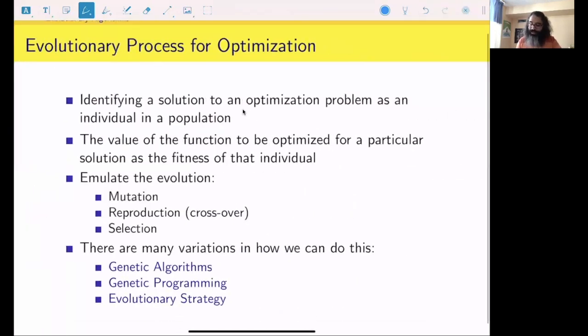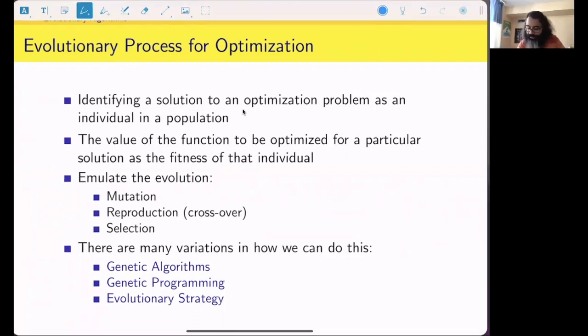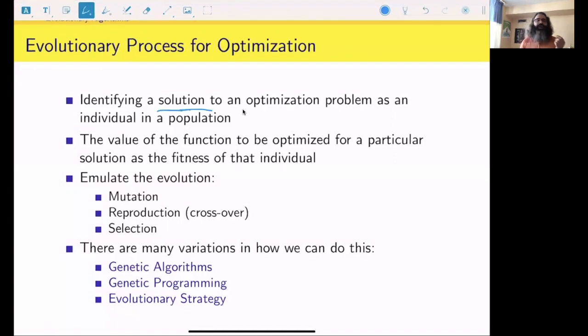Evolution is in nature, but we can get inspired by evolution to design optimization methods, and for decades people have thought about designing optimization methods based on evolution principles. The general way we work is that a solution to an optimization problem, the parameter that optimizes things, for example theta, we consider as an individual in a population.